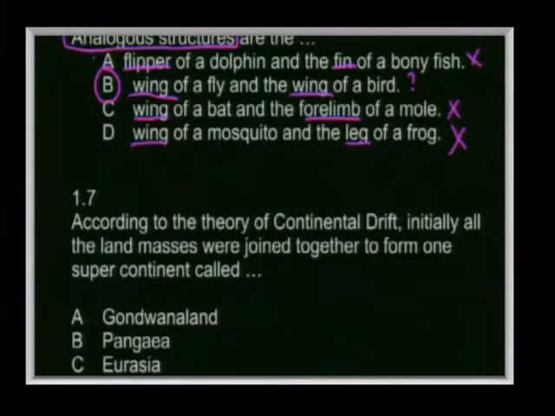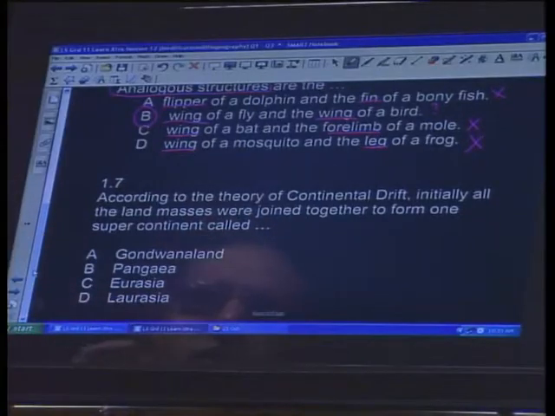So by process of elimination, but also knowing our definition, the correct answer for question 1.6 would be B. You can see that they are both wings, they are both involved in the same function, in other words locomotion, but they do not have a common ancestor. Let's move on to question 1.7.